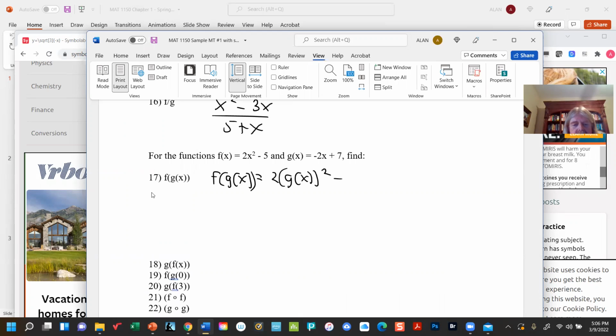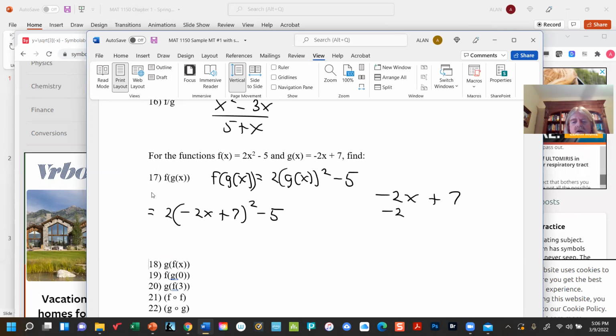All right, so because f of x is 2x squared minus 5, that x is being replaced by g of x squared. So I'll have minus 2x plus 7 squared minus 5. Okay, and of course, this is g of x, minus 2x plus 7. Now for that, we can do a FOIL, or you don't have to do a FOIL. You can also write it out the long way.